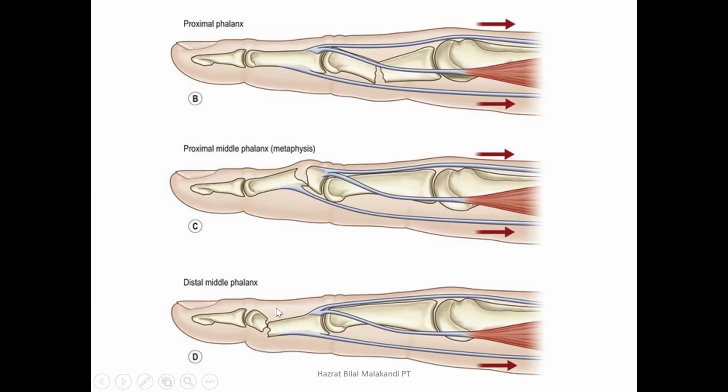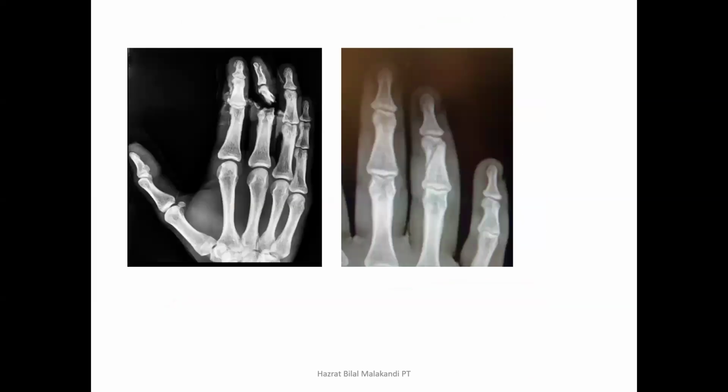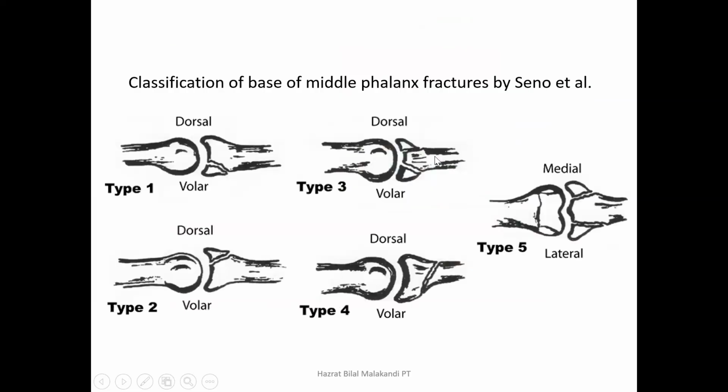So these have different situations if the middle phalanx fracture is proximal or distal. Here is an unstable fracture at the middle phalanx. I can see here an oblique fracture at the ring finger middle phalanx. So these are the different classifications of the base of the middle phalanx by Seno et al.